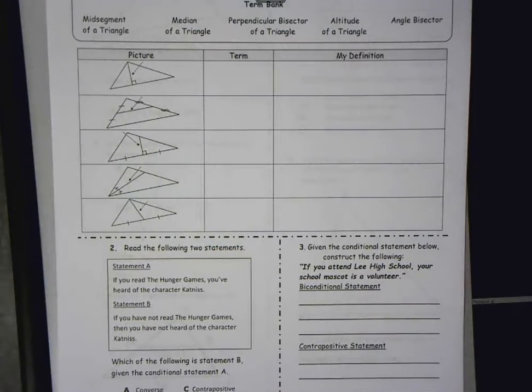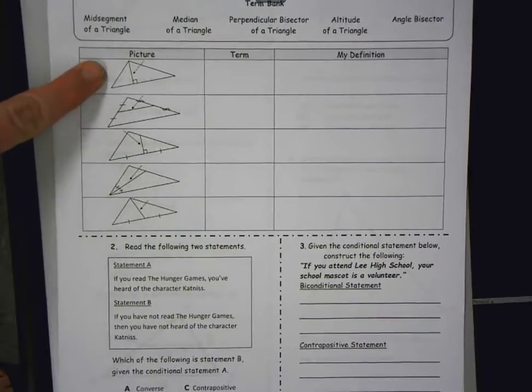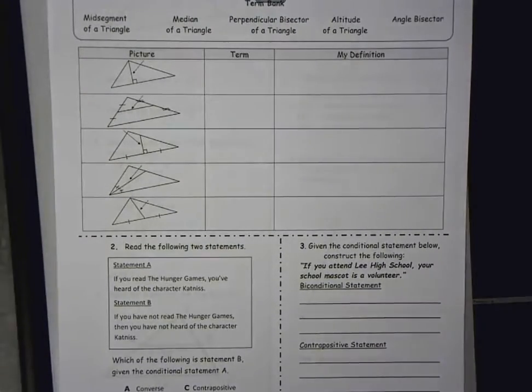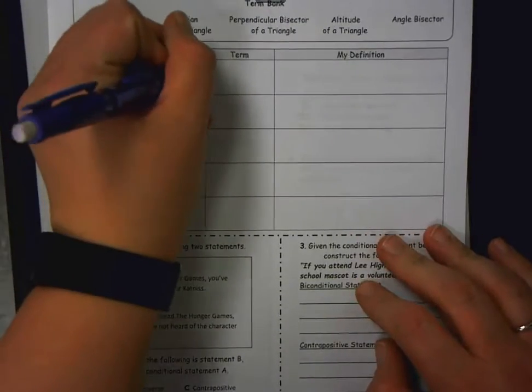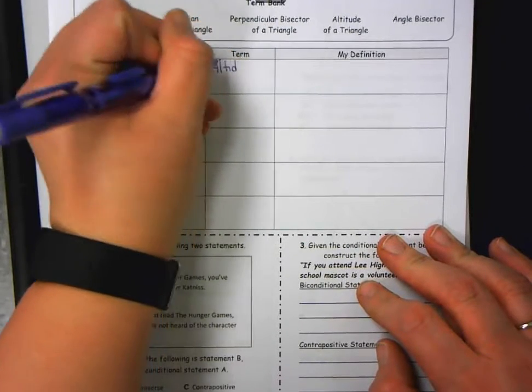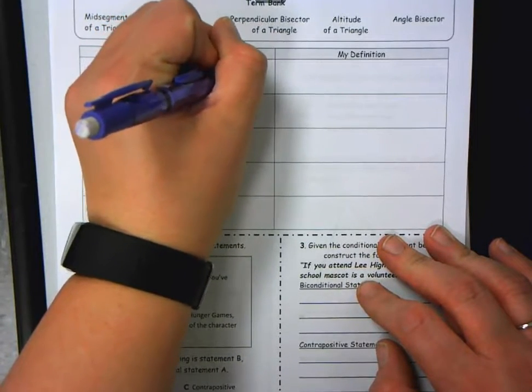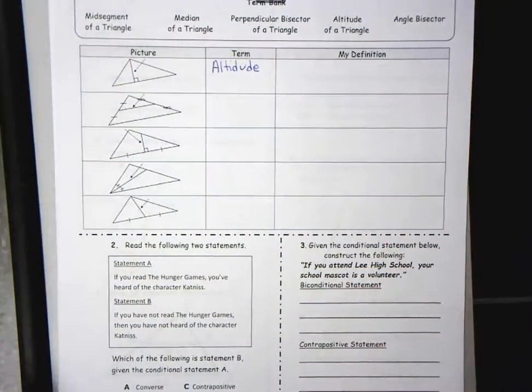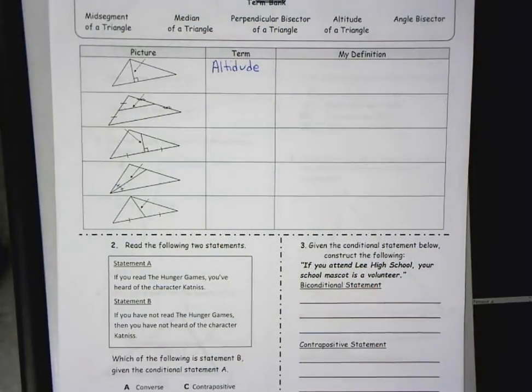Our first picture, this one right here, is an altitude. Now you don't have to write altitude of a triangle. I mean, you're looking at a triangle. It's clearly an altitude of a triangle.